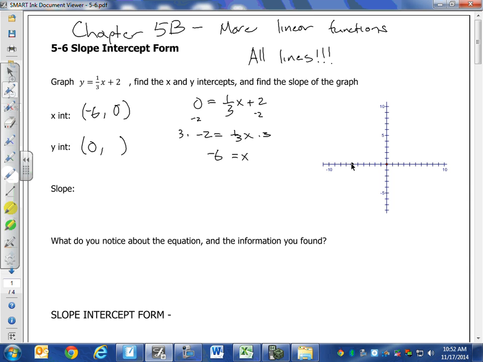Negative 6, 0. For the y-intercept, I plug in 0 for x. This one's easy. Y is equal to 1/3 times 0 plus 2. Y just equals 2. 0, 2. Everybody check to make sure you got the same intercepts as I did.